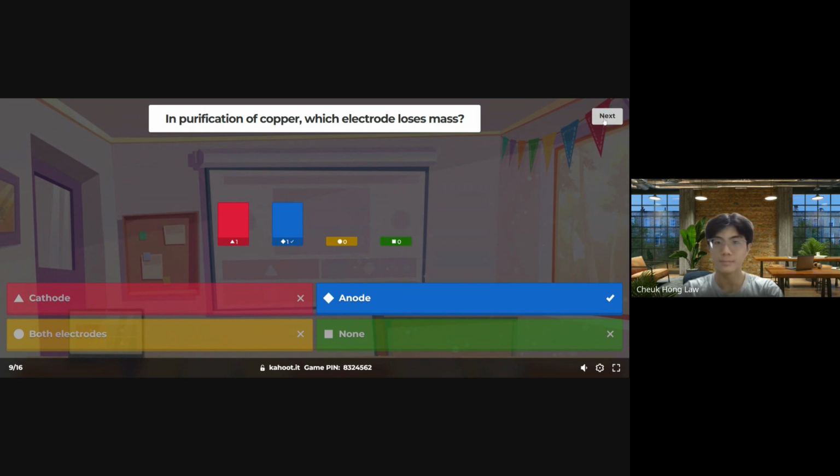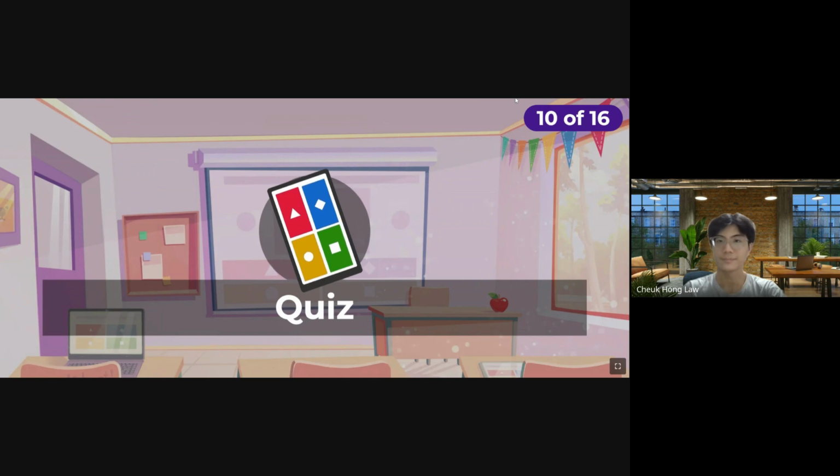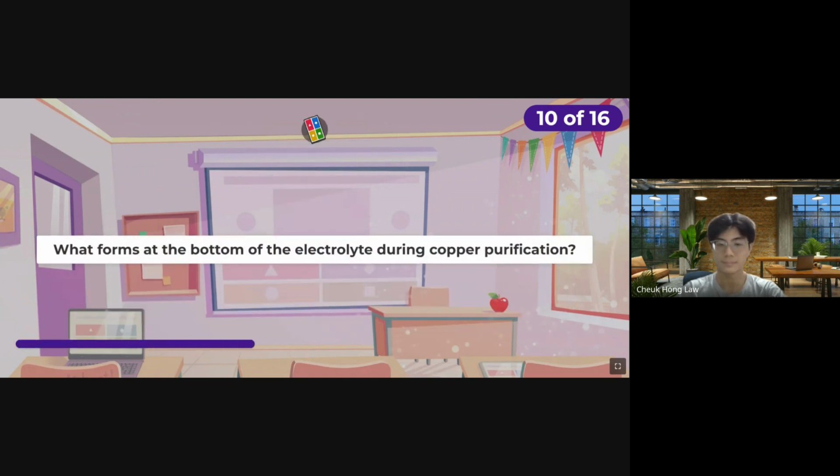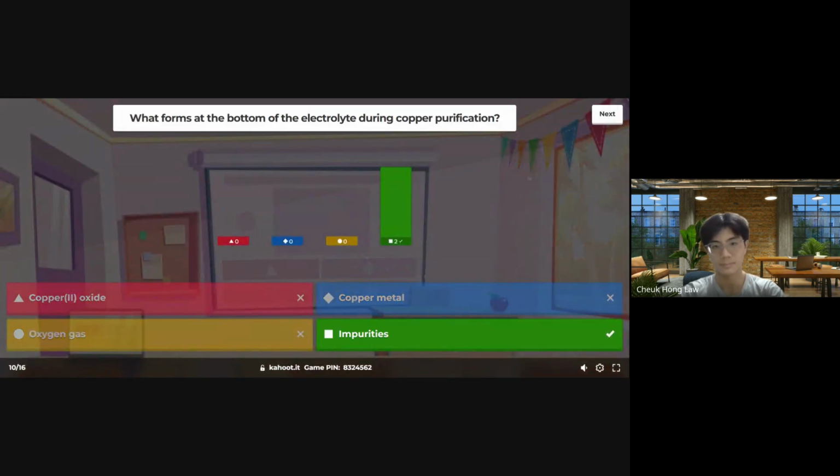So it's the anode that loses mass. Okay, good.